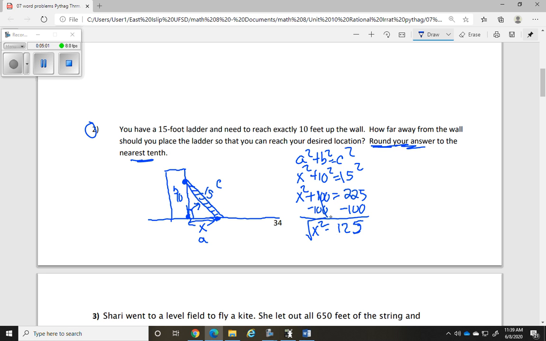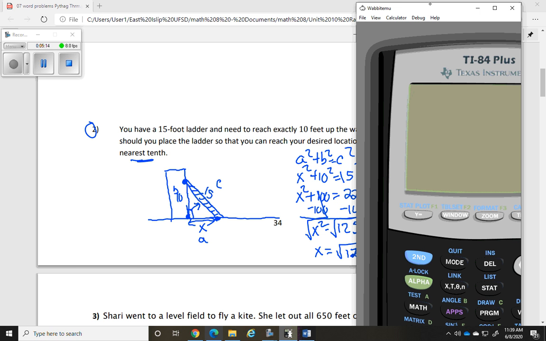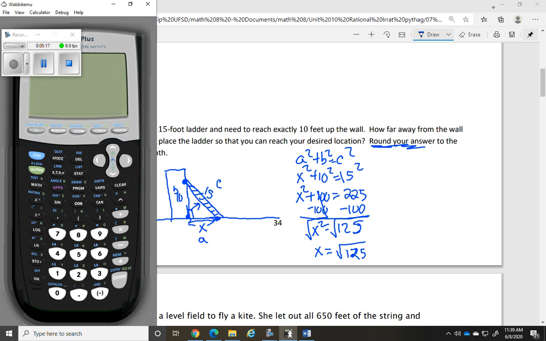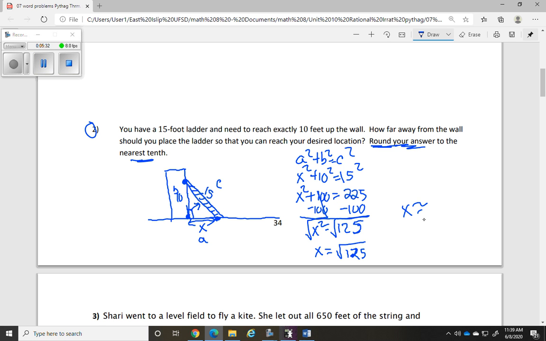I guess when I take the square root of both sides, the square root of 125 must be irrational because of the hint of rounding. So if we take a look at our calculator, the square root of 125 is about 11.2 when rounded correctly. 11.2 feet.